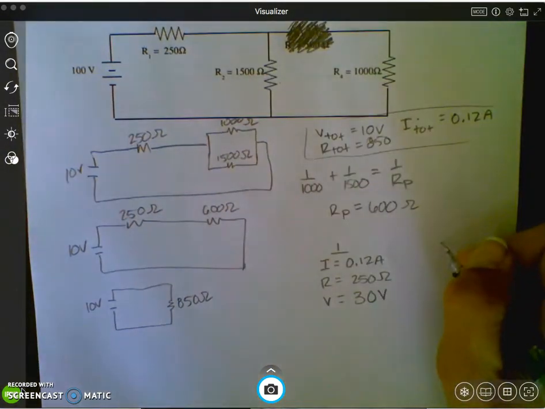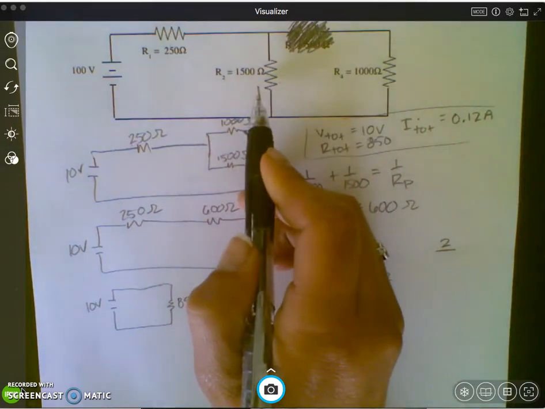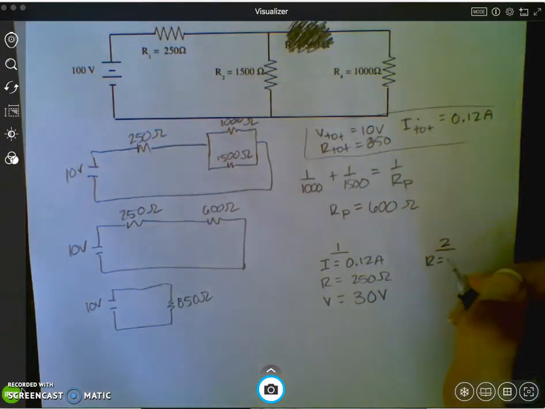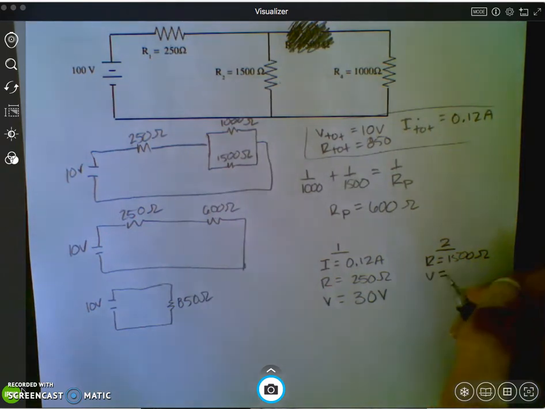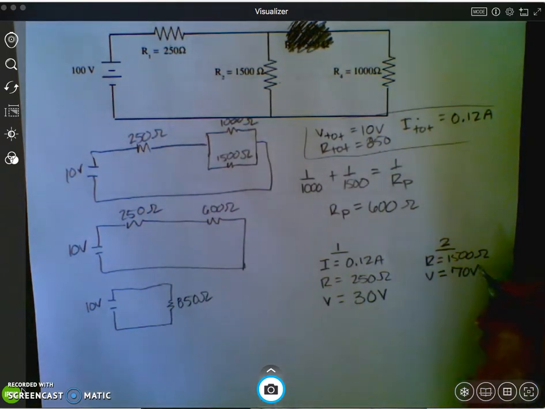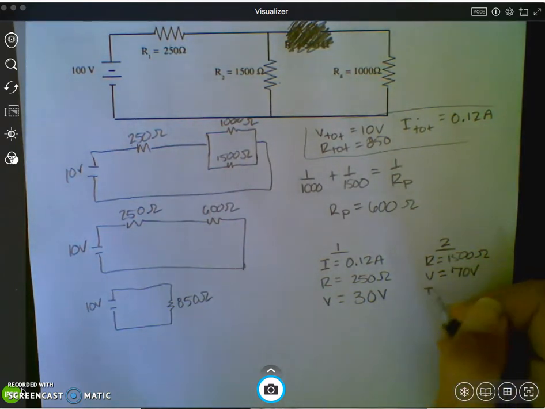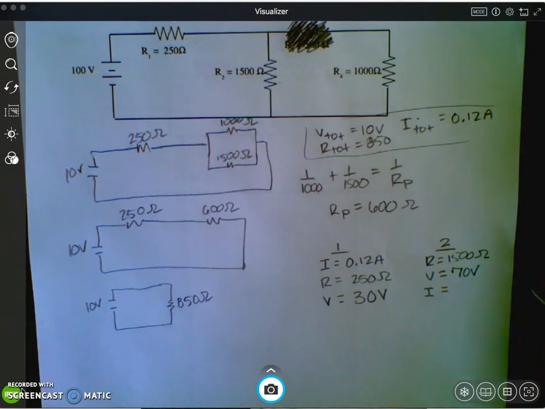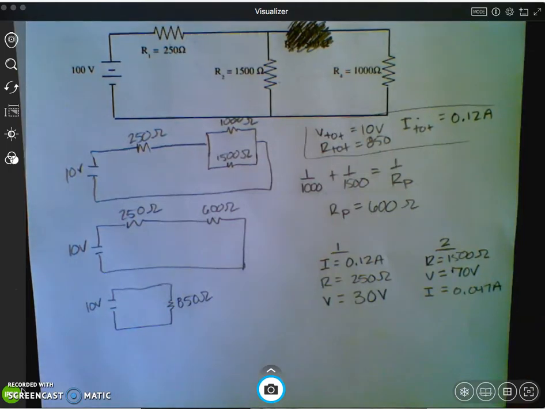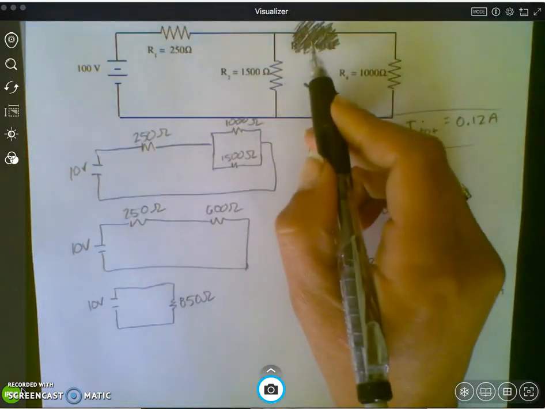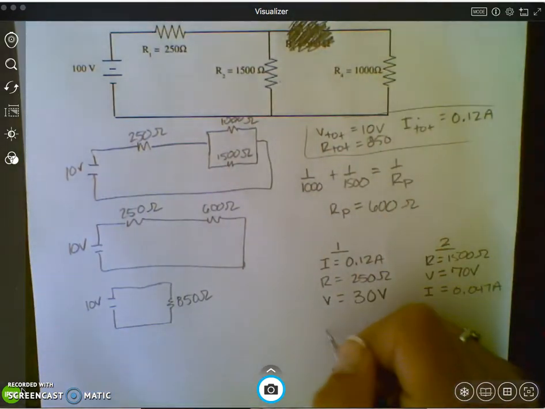So let's look at resistor 2. That's this one here. We know the resistance is 1500 ohms. We know the voltage drop is going to be 70 cookies or 70 volts, and we can find the current using Ohm's law. So 70 divided by 1500, we get 0.047 amps. Now this was resistor 3 that we crossed out, so this is resistor 4.